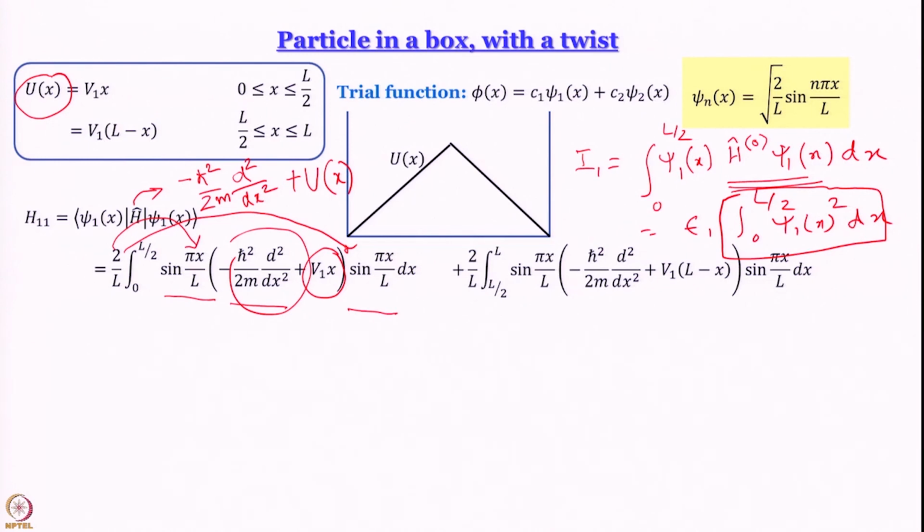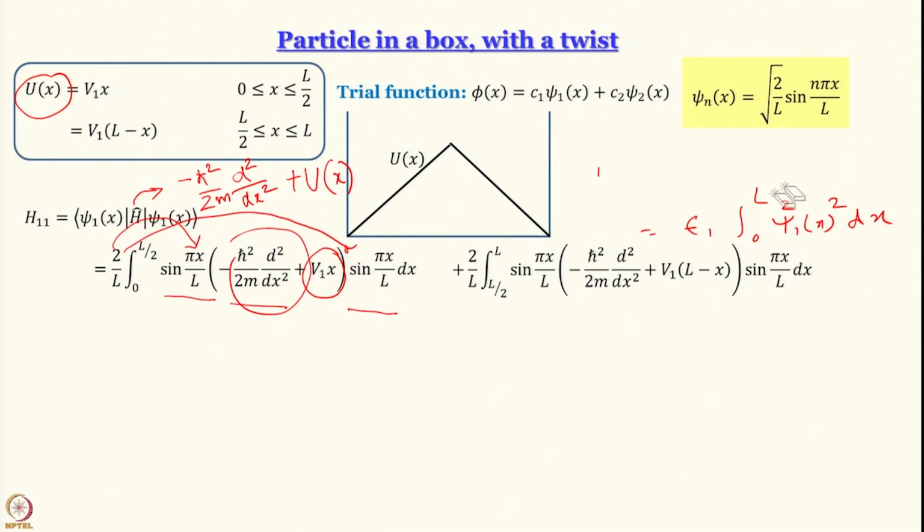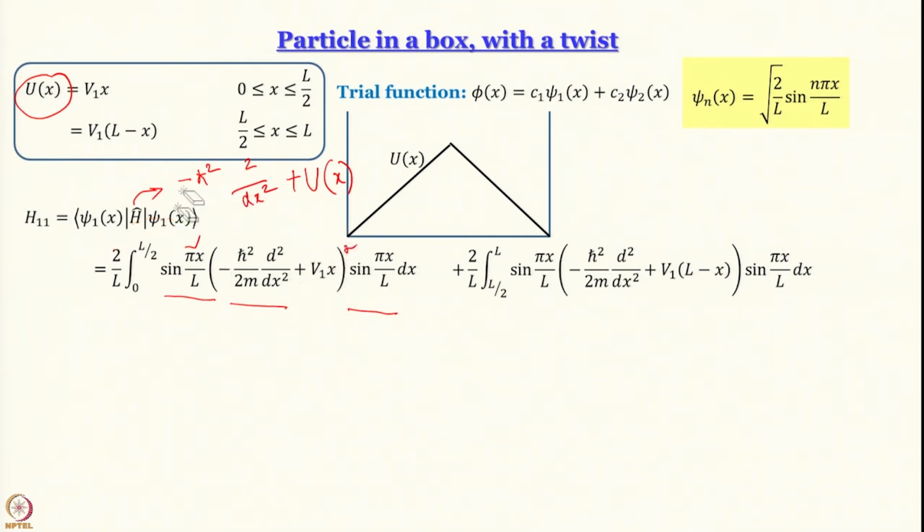What about the second one? The second term arising out of the first part here: V1 will come out and then you will get the integral 0 to L by 2. I will erase all this and write.